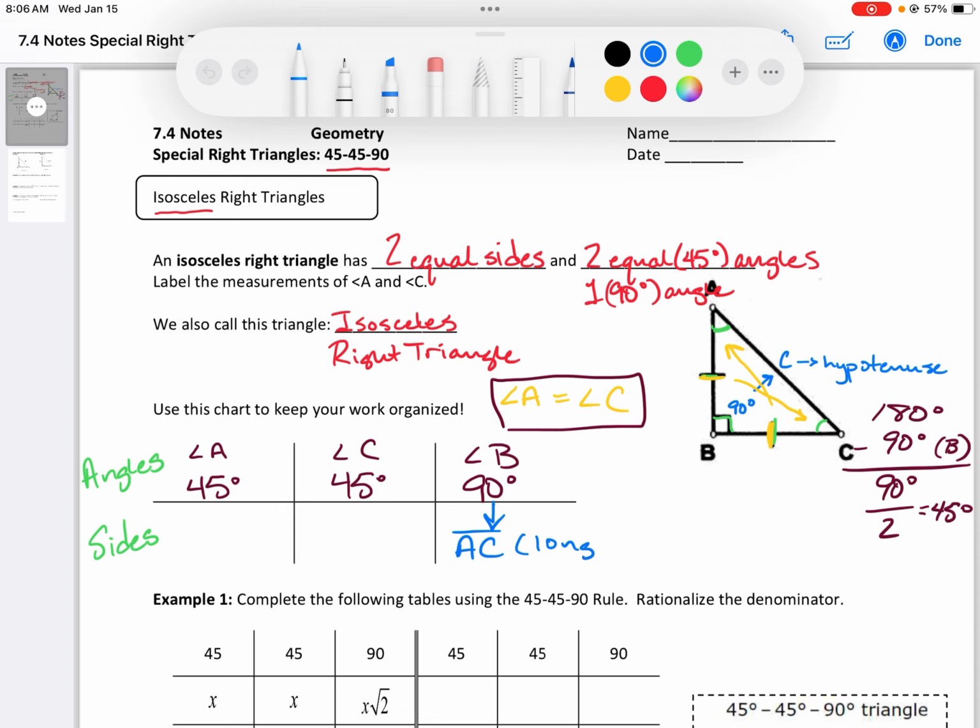It's our hypotenuse. Across from angle C, we have AB, and across from angle A, we have BC. And these two are equal. How do we know they're equal? They have matching markings on them, which signifies that they are congruent.